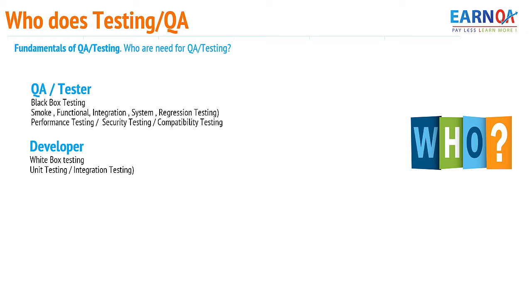And in black box testing there are so many things: smoke, functional, integration, system, regression, automation, cross-browser, compatibility, security, sanity, performance testing. We will talk about each of them in a while, but out of all, the QA plays an important role in validating the application.